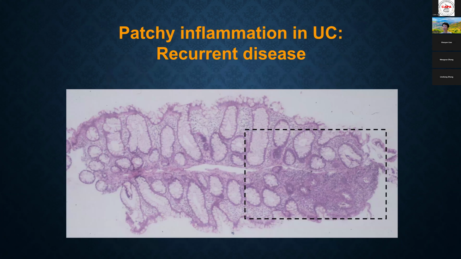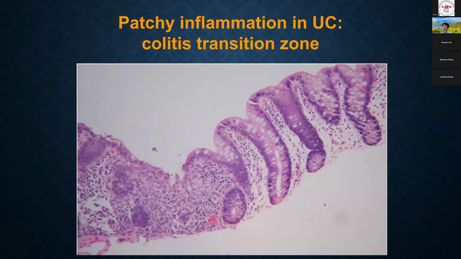And in recurrent disease, you do see this patchiness of inflammation in ulcerative colitis. So patchiness is not only seen in Crohn's, but also seen in UC. And here again, if you biopsy a transitional zone, you can see a normal area, and then another area shows chronic active colitis, and this is still UC, not Crohn's.